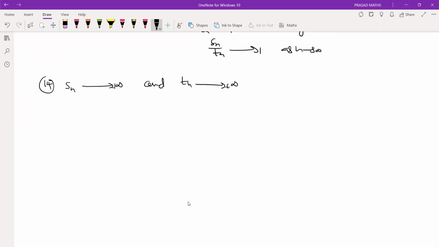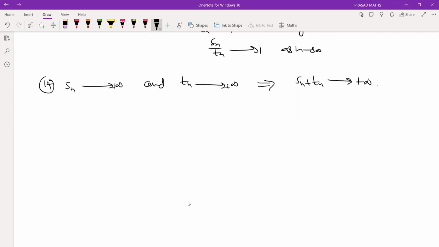Obviously, Sn plus Tn diverges to plus infinity. The sum of divergent sequences to plus infinity always diverges to plus infinity. Sn diverges to plus infinity, and Tn also diverges to plus infinity, which implies that Sn plus Tn diverges to plus infinity.